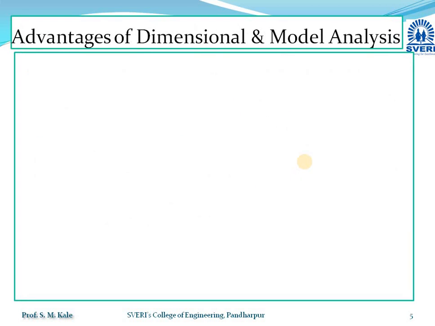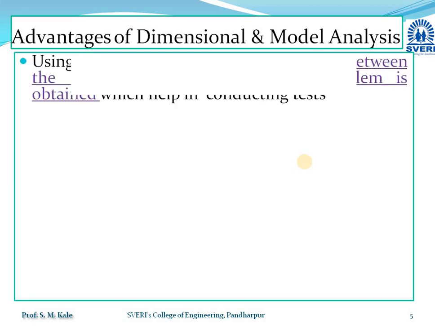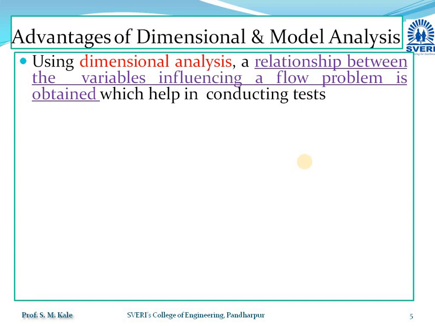In the last video we also saw what is meant by dimensional analysis, Rayleigh's method of dimensional analysis, and the Buckingham pi theorem. Here we are going to see the different advantages of dimensional and model analysis. The first advantage is related to dimensional analysis.